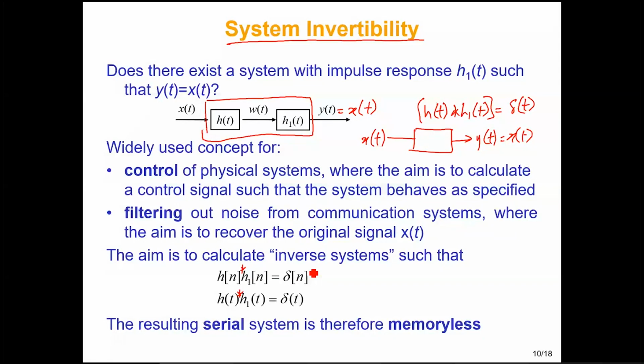So what does that mean? Let me just draw it here. So if we have, let's say, two systems and the second one is the inverse of the first system, let's just talk discrete time first. Let's call this h1(n), and let's call this h2(n).